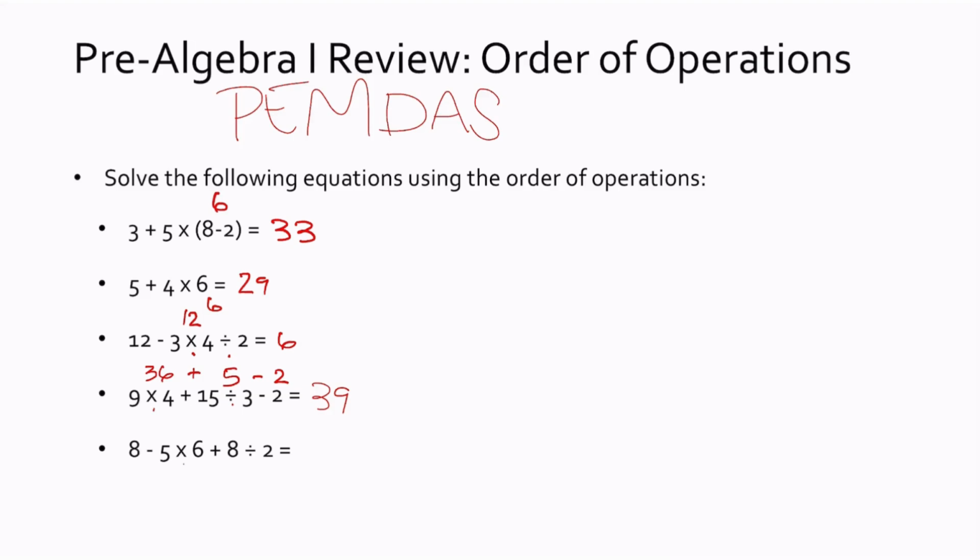And then this last one, again, I have multiplication and division. So I'm going to do 5 times 6 is 30. 8 divided by 2 is 4. So I have 8 minus 30 is going to give me negative 22, plus 4 is going to give me negative 18.